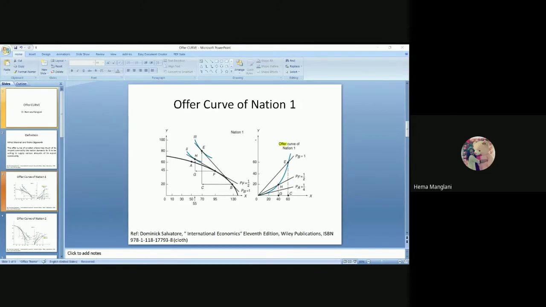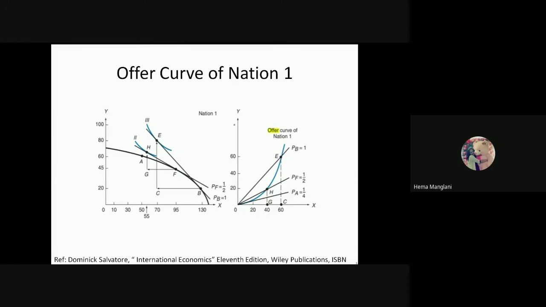Okay, no. Yes, tell me if there is any doubt. Is there any doubt with point A, point F, point B, point H, point E? And also the terms of trade, PF equals half, PB equals 1. Is there any doubt about it? No, ma'am. Okay, so shall I proceed?